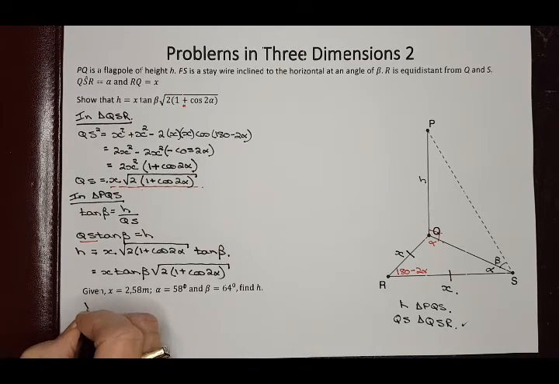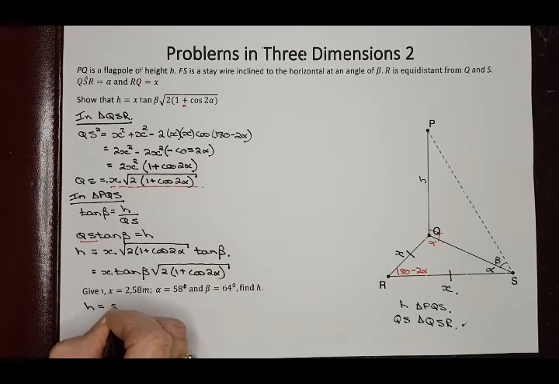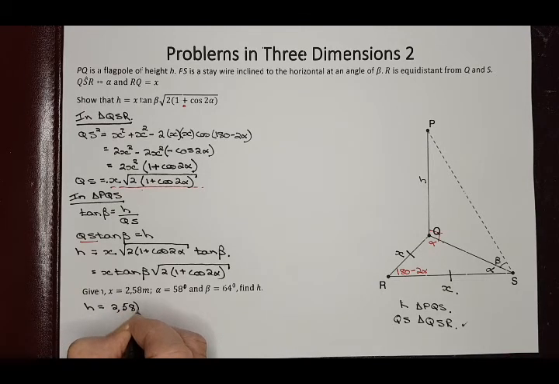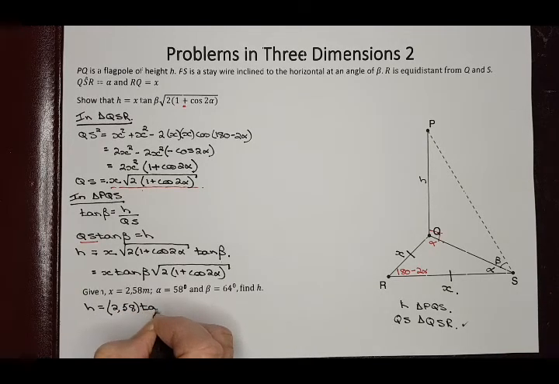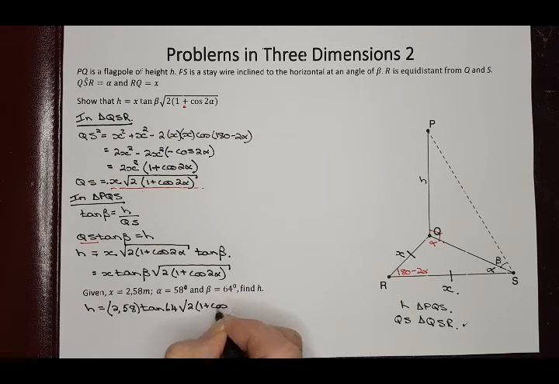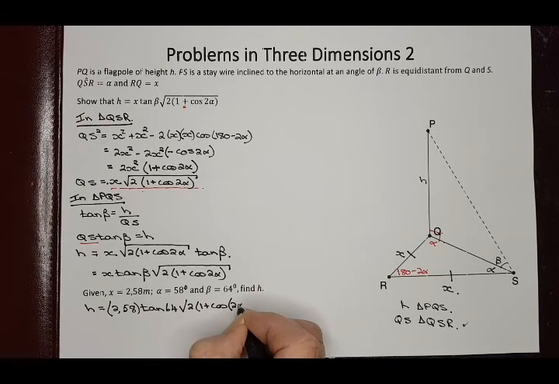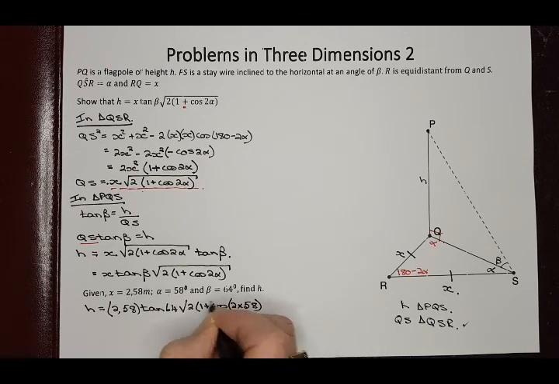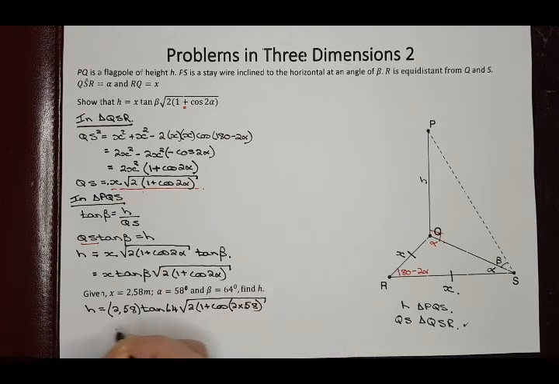It's a straight substitution. Instead of an x, I write 2,58. Instead of a beta, I write 64. Instead of an alpha, I write 58. And now it's just calculator work. So we have 2,58 multiplied by tan of 64.